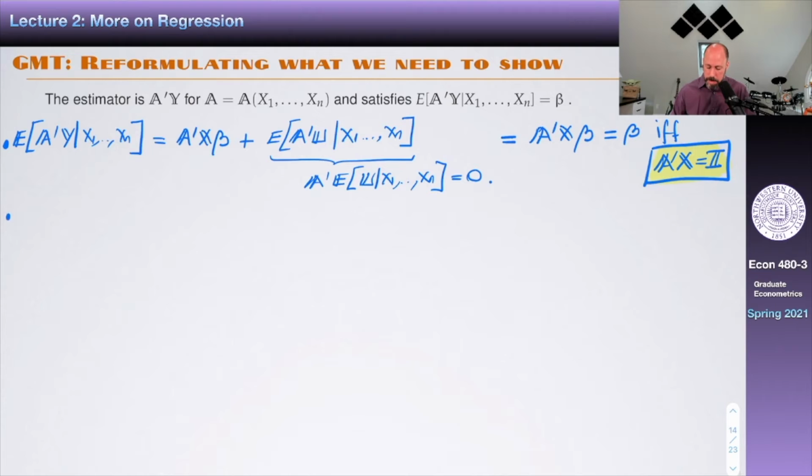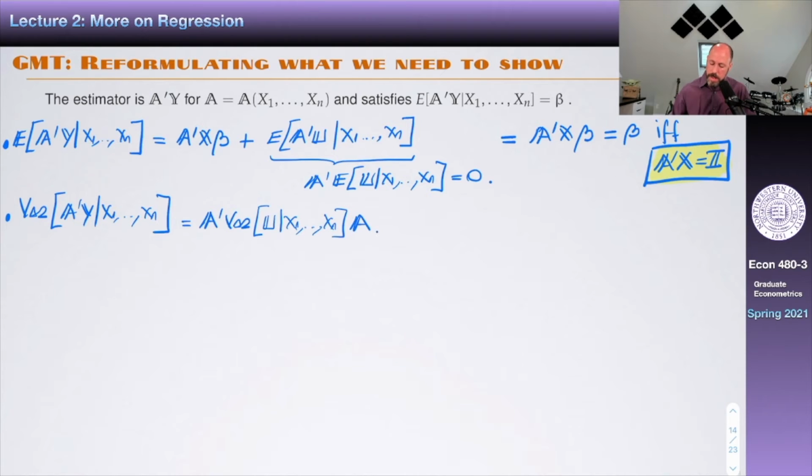The second thing that I want to see is the conditional variance of a prime y conditional on the x's. This is just a prime times the variance of u given the x's times a, and by our assumption this is just a prime a sigma square.